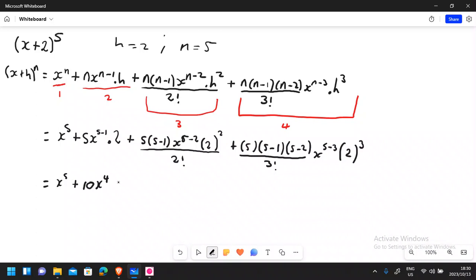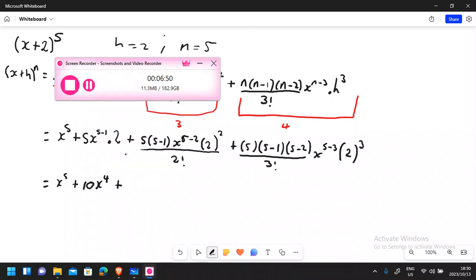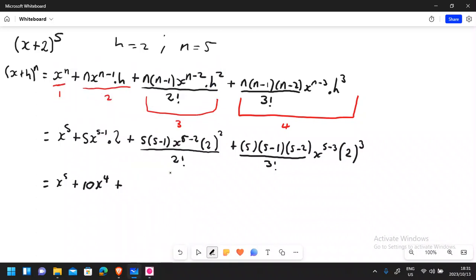Now these ones here, they need you to use a calculator, so I'm going to pause so that we can do this one. All right, we are back. So when I use the calculator and calculate this one, it's going to be 40, and then our x here obviously is going to be x to the power of 3.